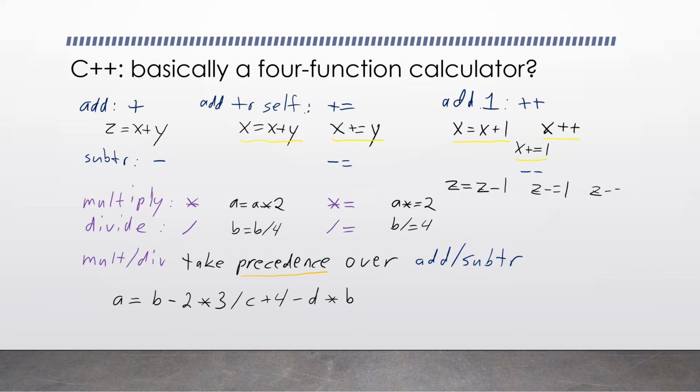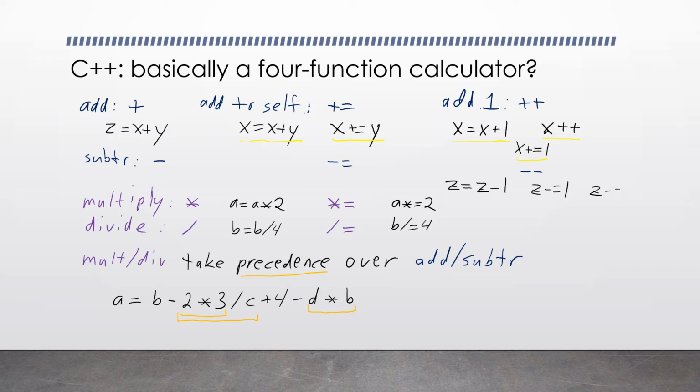Okay, how is this going to be evaluated? Well, the C compiler is going to come through and look at 2 times 3 as being the highest precedence calculation there because it's the first multiply or divide on that line. Then it's going to look for the next multiply or divide, which is this one. Then it's going to look for the next multiply or divide, which is this one.